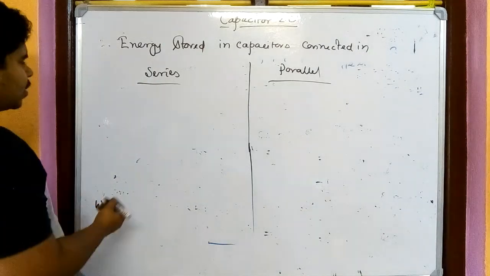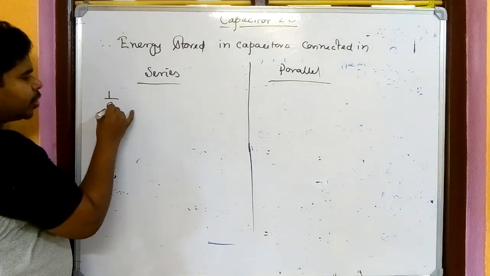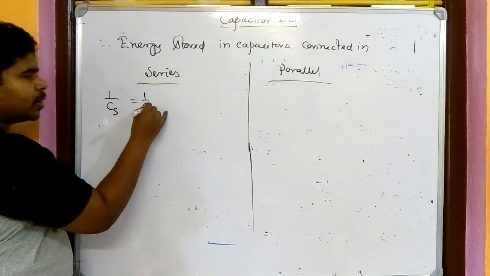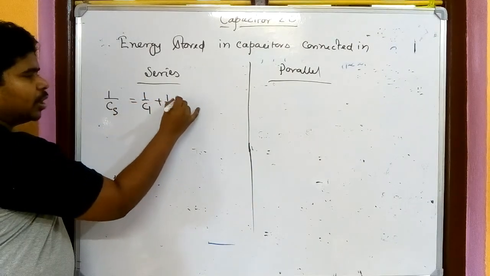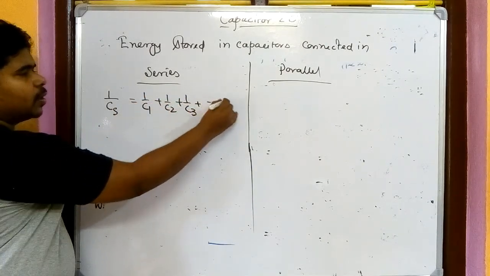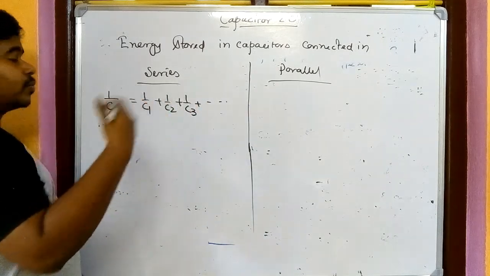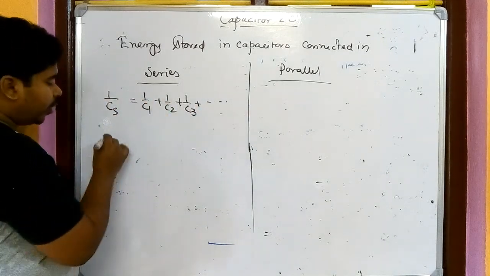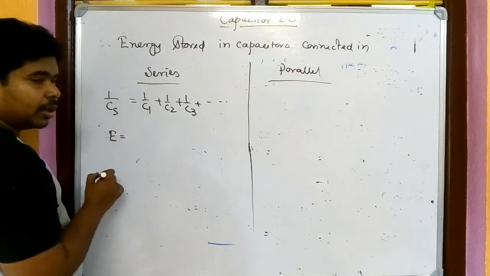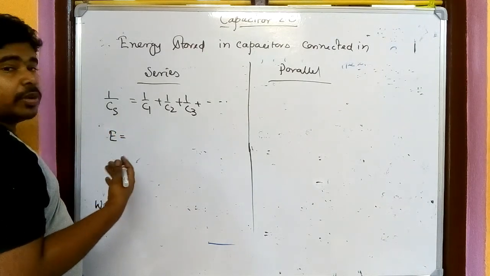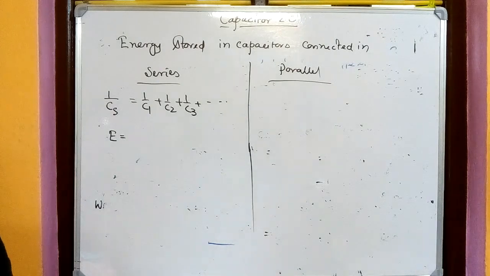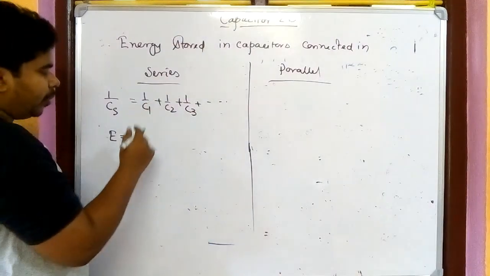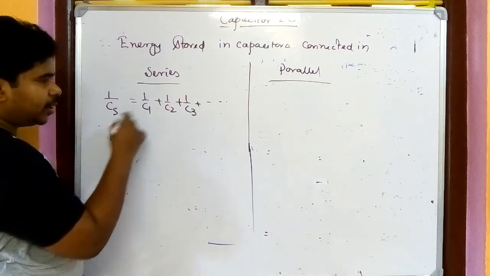Series combination means 1 by Cs equals 1 by C1 plus 1 by C2 plus 1 by C3 plus so on, for as many capacitors as we take. Here, whenever we find the energy, we have to follow the equation where C is in the denominator.